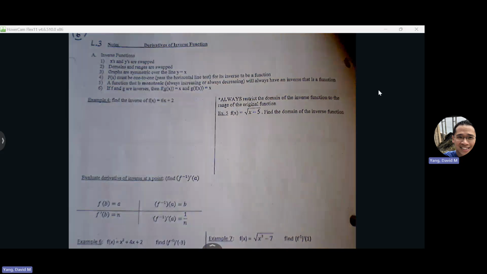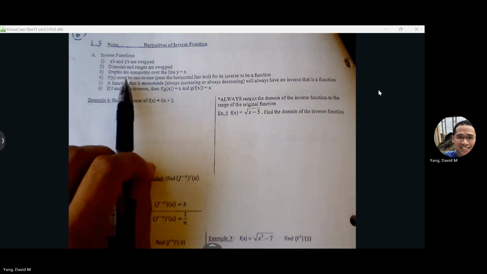Let me just review a little bit with inverse functions. Inverse functions is where you take a function or an expression, and then you create another one by swapping the x and y. So wherever you see an x, replace it with a y. Wherever you see a y, replace it with an x.